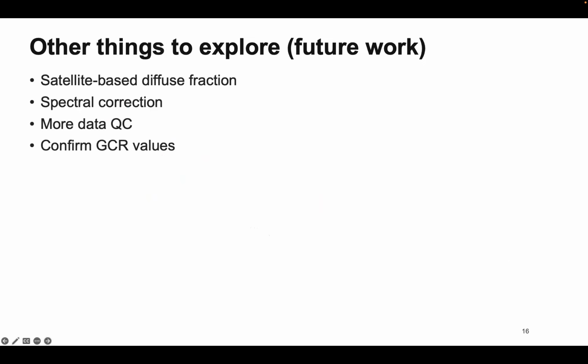Other things to explore, or future work. I hoped to get to it this time, but just ran out of time. We want to use satellite-based diffuse fraction and also apply a spectral correction for these thin film modules. Obviously we could use more data quality control. We also need to confirm the ground coverage ratio values. We derived them from as-built drawings; we haven't confirmed them on the ground.